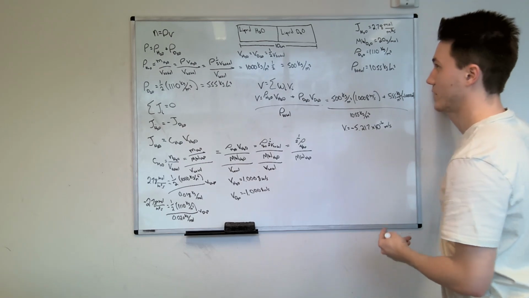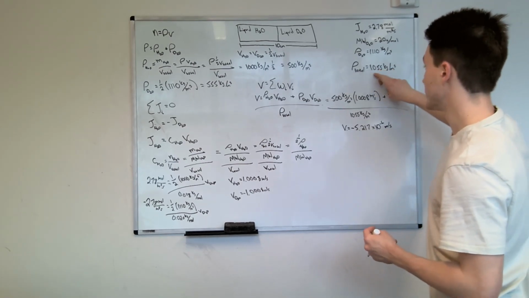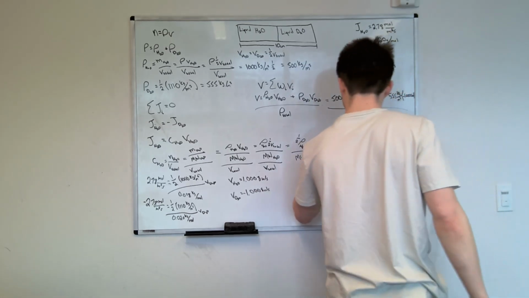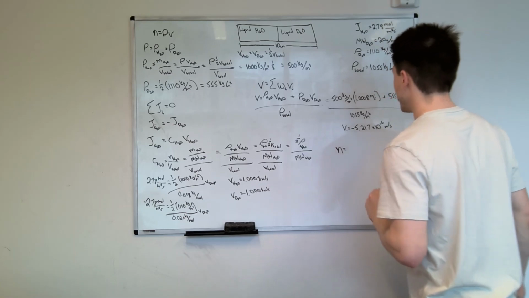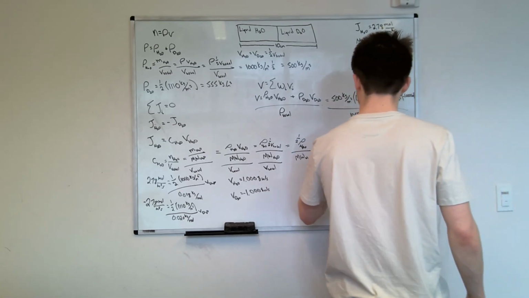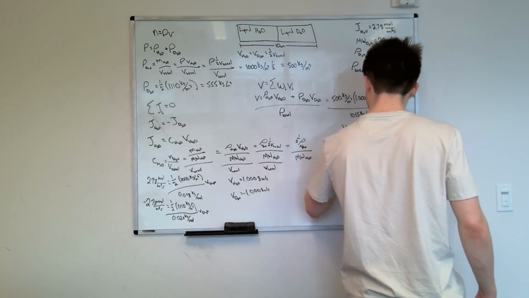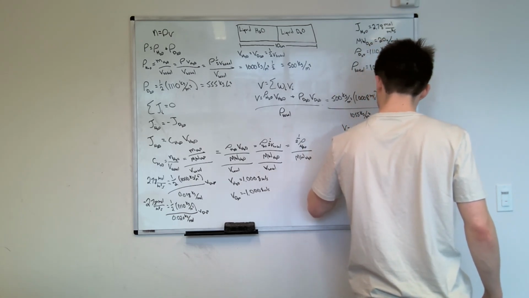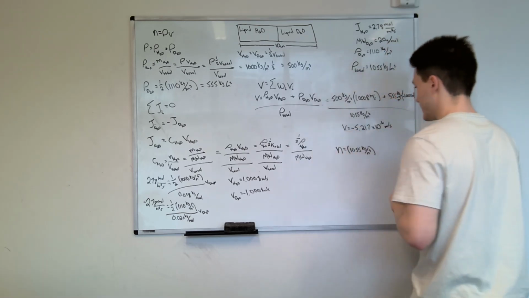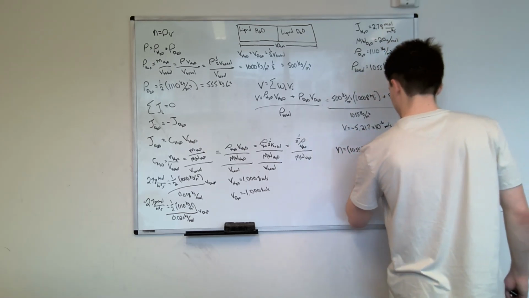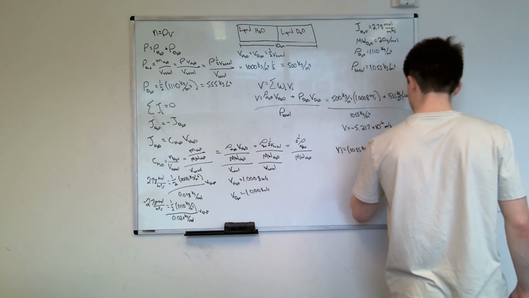And since we now know the mass average velocity of the system and the total density of the system, we can solve for the total mass flux, which is the total mass concentration, 1,055 kilograms per meter cubed, multiplied by the total mass average velocity.